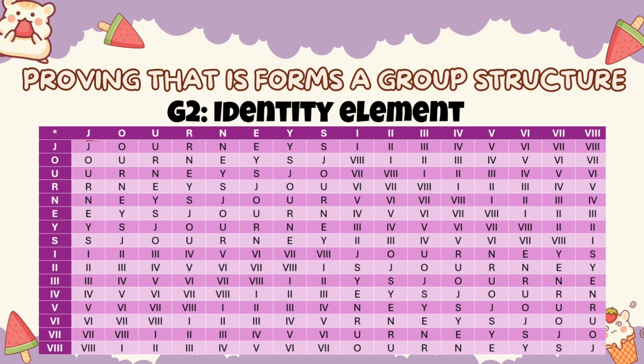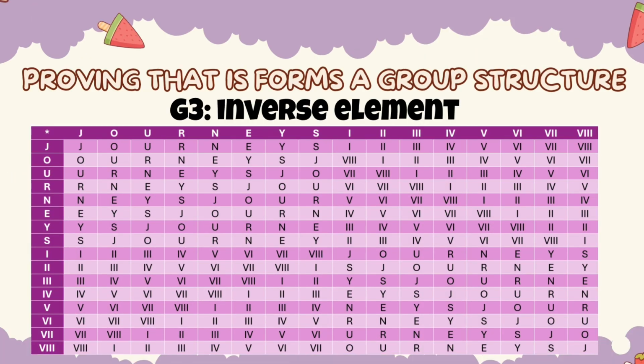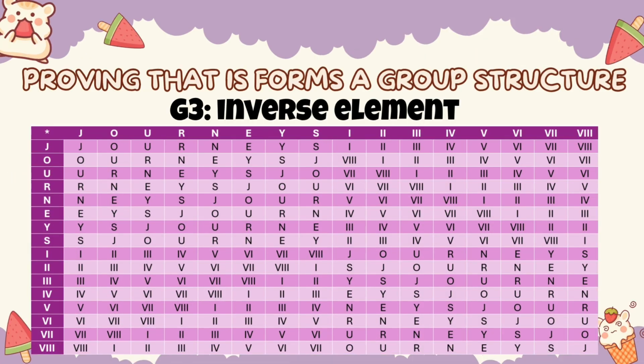In this case, as you can see, the intersection gives us the letter J. So J is our identity element in this table. And for the next one, let us prove that all the elements have a unique inverse.